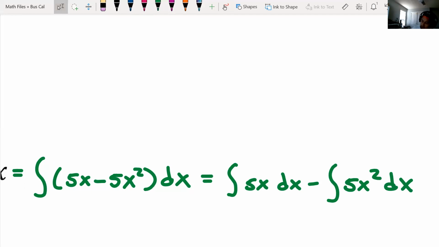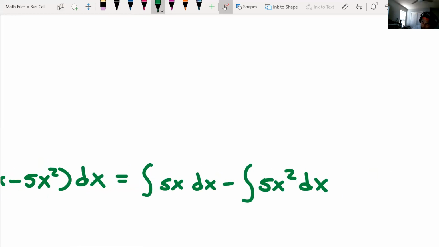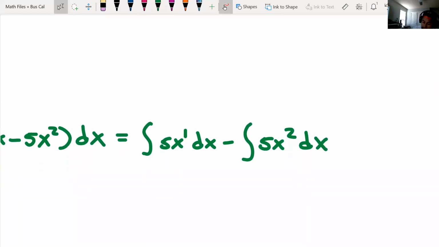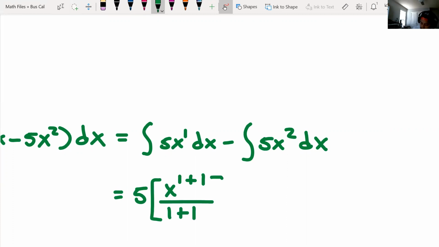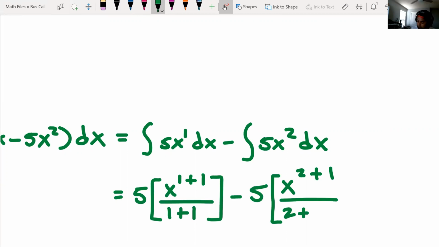Well, now all we have to do is use power rule on both of these integrals to find the antiderivative. So for the first one, you're going to get 5 times x to the 1 plus 1 over 1 plus 1, minus 5 times x to the 2 plus 1 over 2 plus 1.